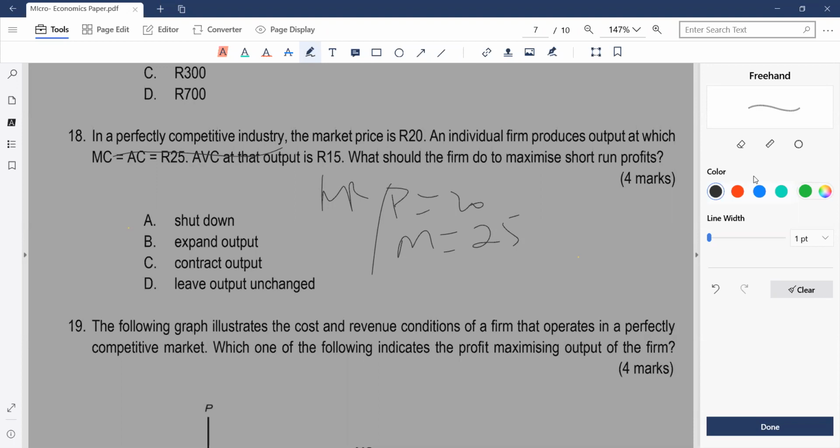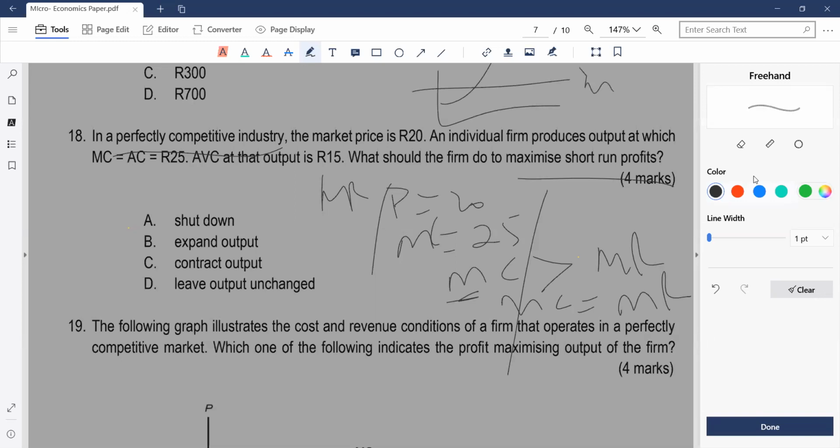Can you see that MC is greater than MR? For profit to be maximized in the short run, MC should equal MR. So we need to decrease our MC to maximize our profits. So how do we decrease it? If we go to our graph, AC is up there and MR is like this.